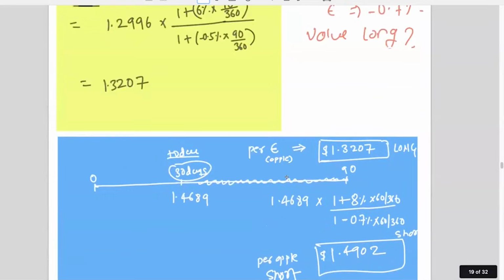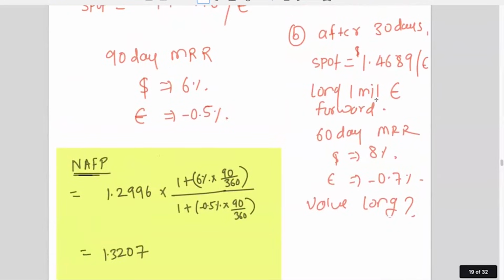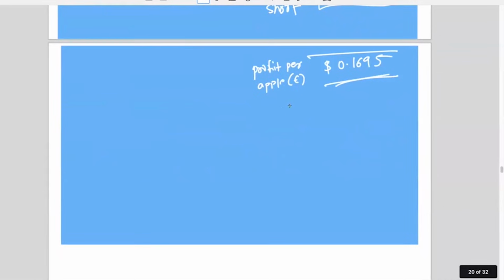But hey, you're not actually trading just one apple. You're trading a million apples, right? You have a million euro position. So the profit for a million apples is equal to multiplying this with a million. I've retained all the decimals on my calculator, so I'm writing the number with all the decimals: 169,523.93.